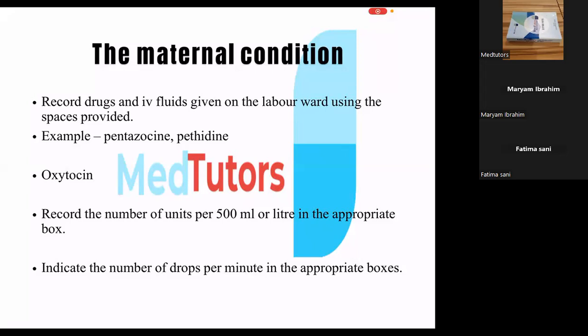And then if, let's say, for example, that woman was not having adequate contractions and you decided to augment the labor with oxytocin, there's a column for oxytocin as well. You write how many IU, how many drops, in how many mils of fluid did you put the oxytocin. So you record the number of units you give the oxytocin per 500 mils or liter in the appropriate box. And then you indicate the number of drops.